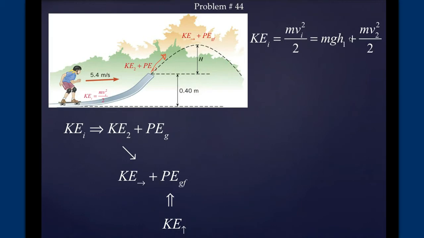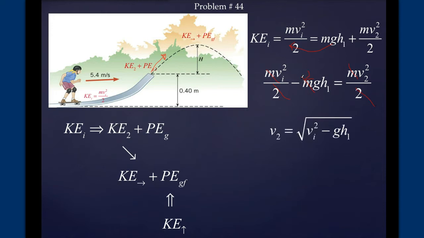Then I'm going to rearrange this, move it over with a minus, cancel mass, and multiply everything by 2. It's going to be 2gh. Therefore V2 is going to be the square root of V initial squared minus 2gh.